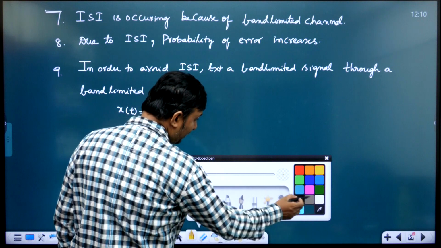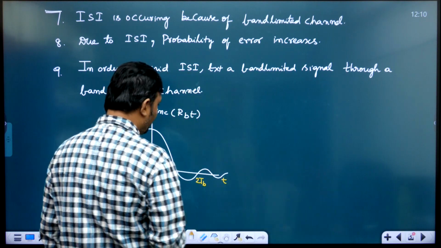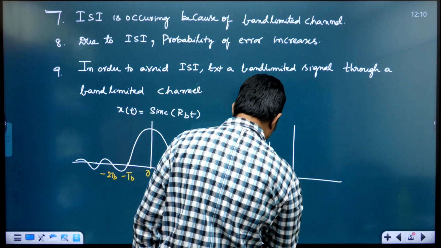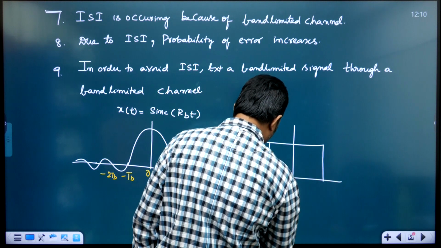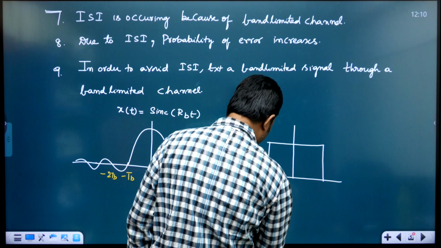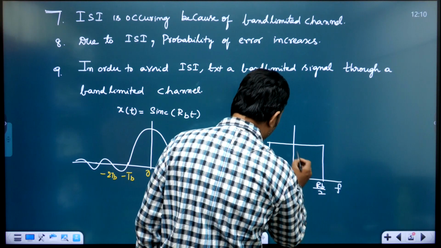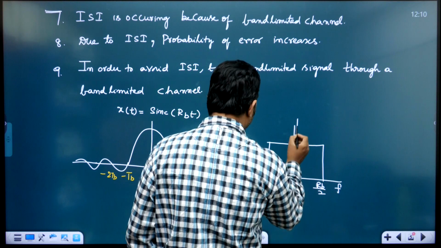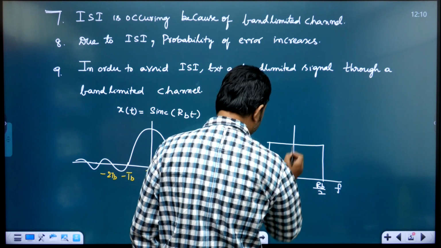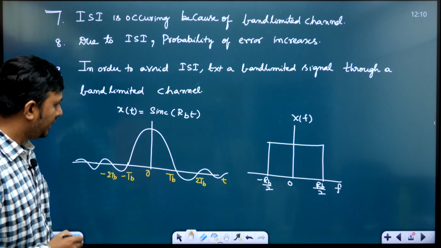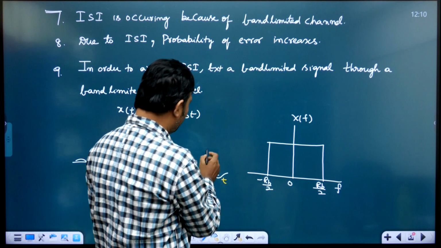If you calculate the Fourier transform for this one, this will be the Fourier transform, from minus RB by 2 to RB by 2. This is x of f. Here, how did I get this Fourier transform?